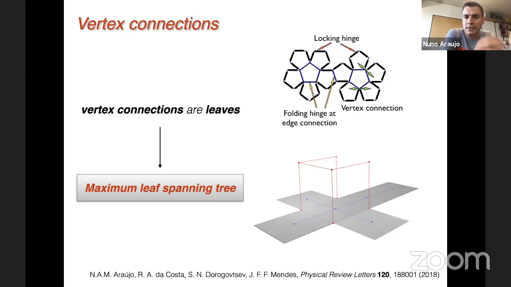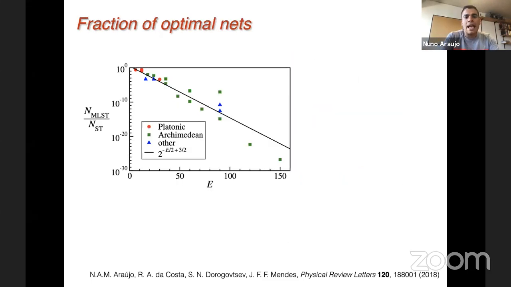Given a certain shell graph, we can identify the maximum leaf spanning tree in a deterministic way using this mapping that I have just shown to you. And this is particularly relevant because if you now look at the fraction of nets that are optimal nets, the fraction of templates that maximize the number of vertex connections, what we see, in this log-linear plot as a function of the number of edges in the shell graph, is that it decays exponentially with the number of edges.